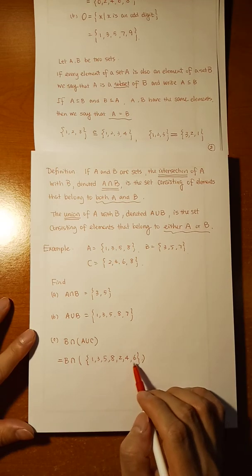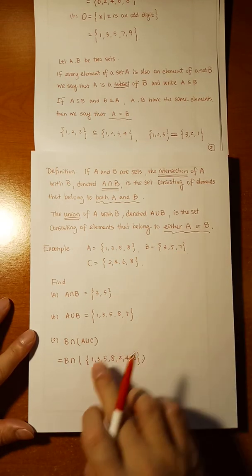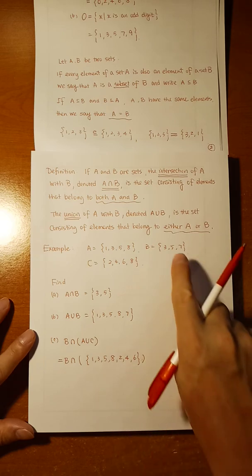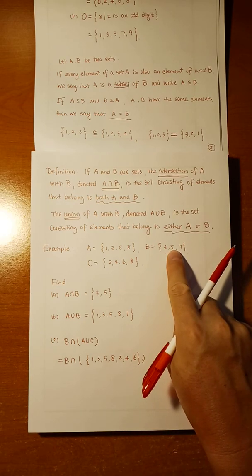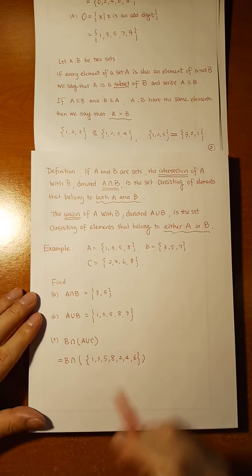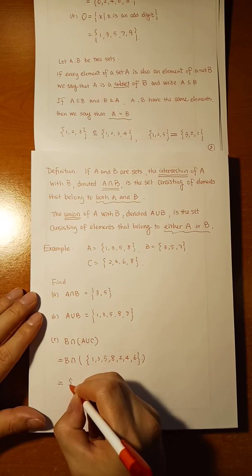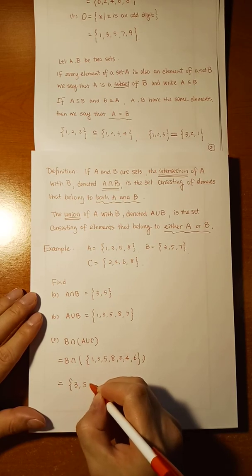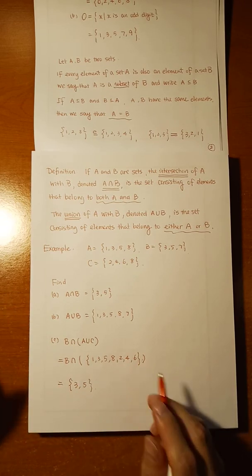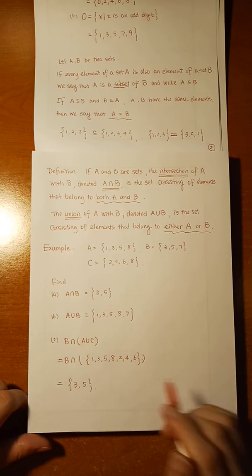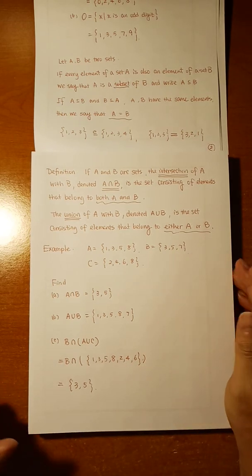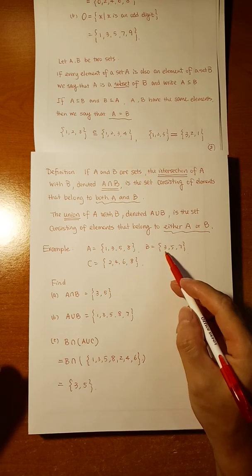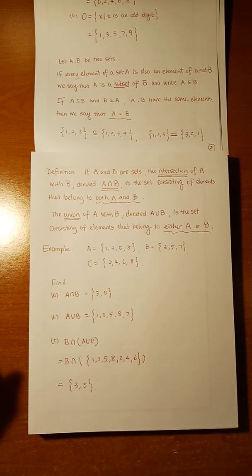Here you check it. You will see 3, 5, 7, and in this long list, again, only 3 and 5 are repeated. Even though you add a lot of additional elements, those elements are not repeated in B. So the intersection is still 3 and 5.